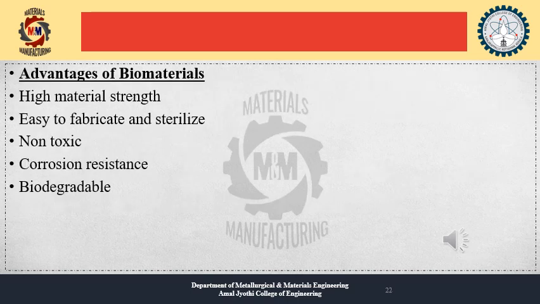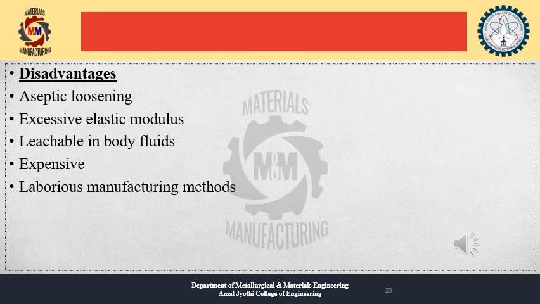Advantages of biomaterials are that they have high material strength and are easy to fabricate and sterilize. Materials are non-toxic and have high corrosion resistance. And the material also can be biodegradable. Disadvantages of biomaterials are aseptic loosening, excessive elastic modulus, and leachability in body fluids.